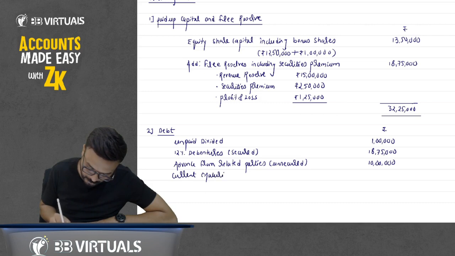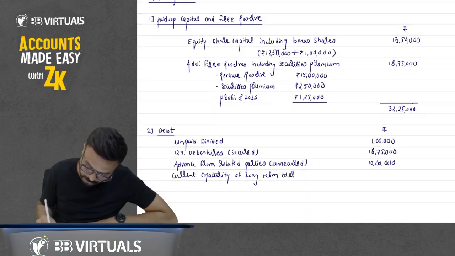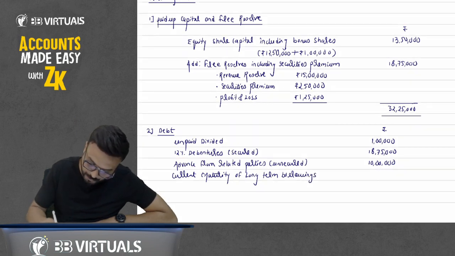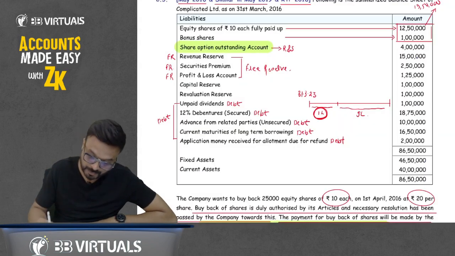How much is it? 16,50,000. Then at the end, your application money received for allotment due for refund is 2 lakh.